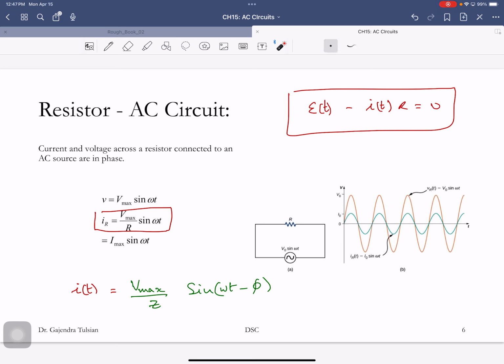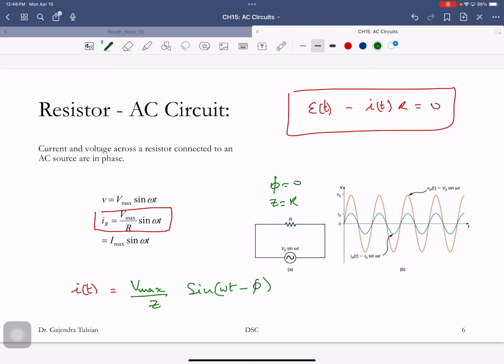The two things we're interested in are Z and phi. If you compare, Z is equal to R. And what is phi? 0. So for this element, Z is equal to R, which makes sense. It's just the resistor, and phi is 0.